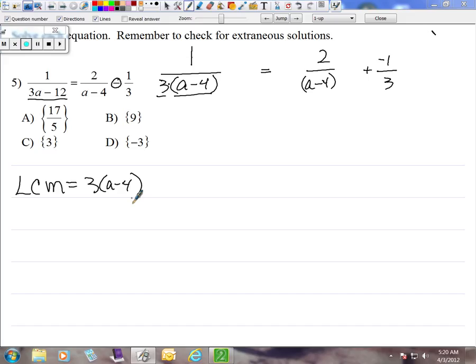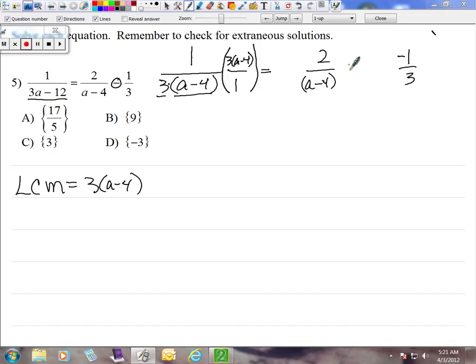All right, now we're going to multiply each one of these by, well, let's just put parentheses again. 3 parentheses, a minus 4 over 1. And we're going to do that to each one of these. Let's move this one over a little bit farther, so I have a little more room here.